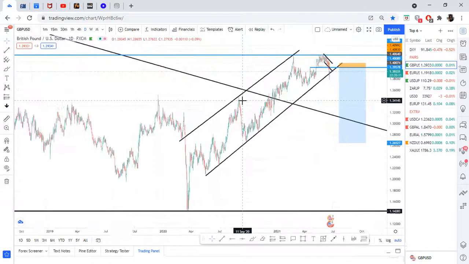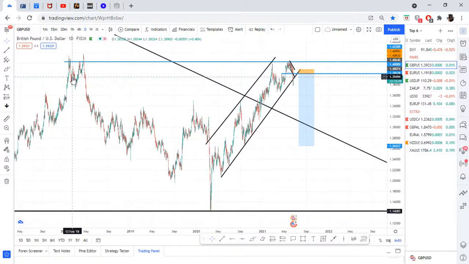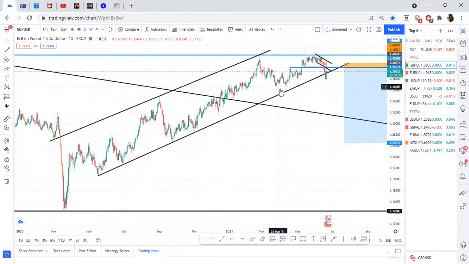So now I knew this is 1, 2, 3, 4 touches. This is the fifth touch, sixth touch as well here. So I know that now that it has done this and it's going down, it must come and retest again, to complete a double top, right?